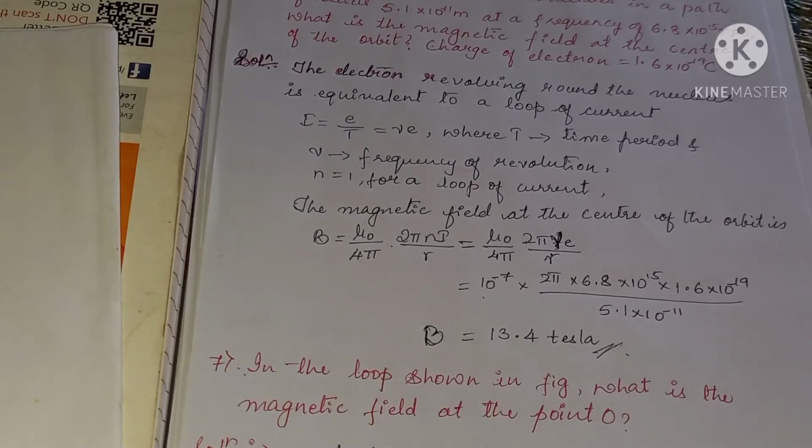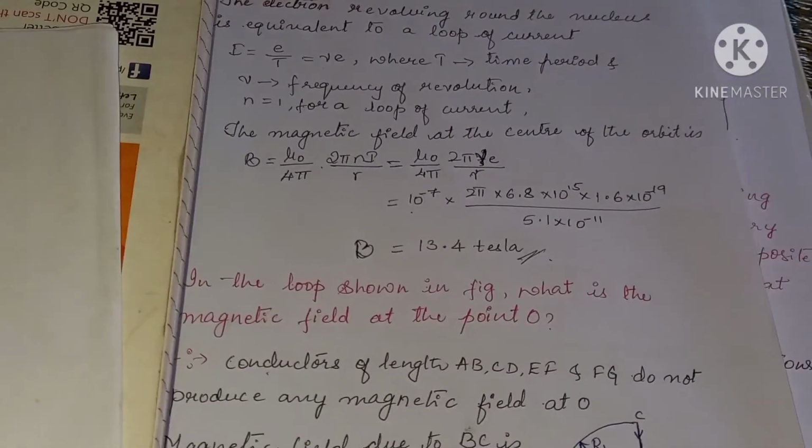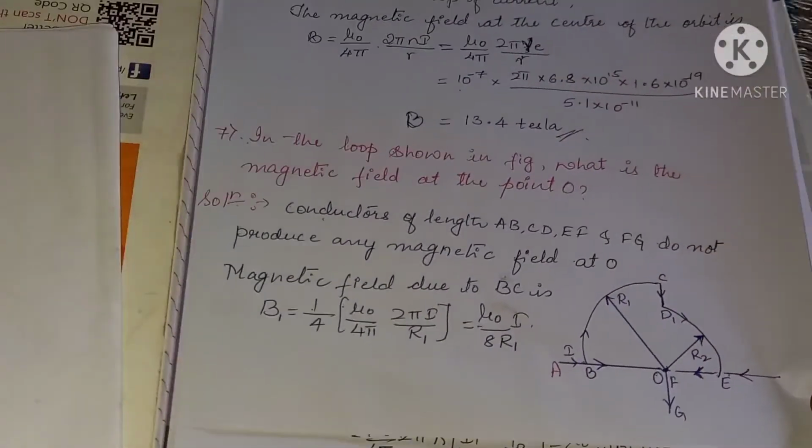Okay, so let us go to the next one. In the loop shown in the figure, what is the magnetic field at the point O? Here there is a diagram given.